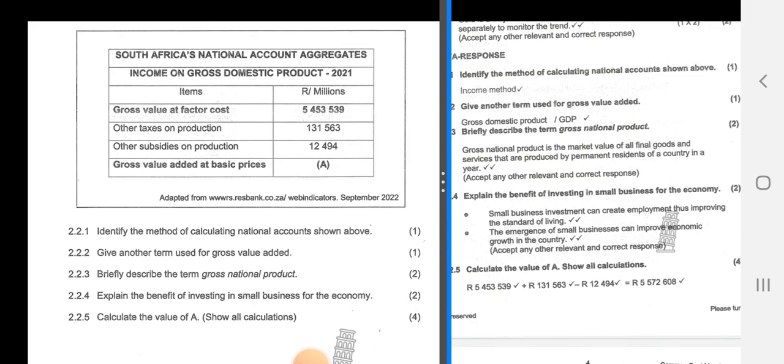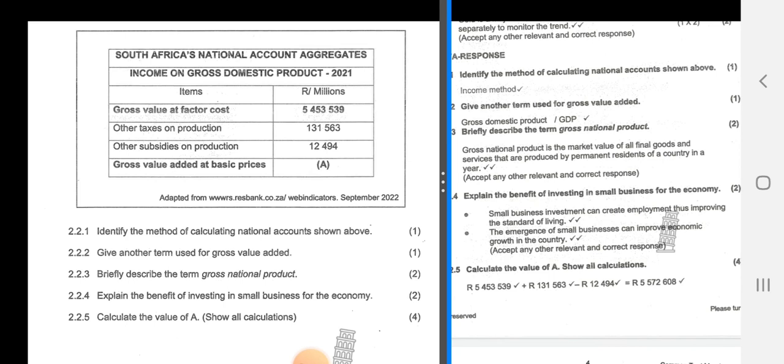Or the emergence of small businesses can improve economic growth in the country. If they say explain the benefit, you must give a full sentence and you'll get your full mark, or you can give 2 short sentences. I hope you get that.